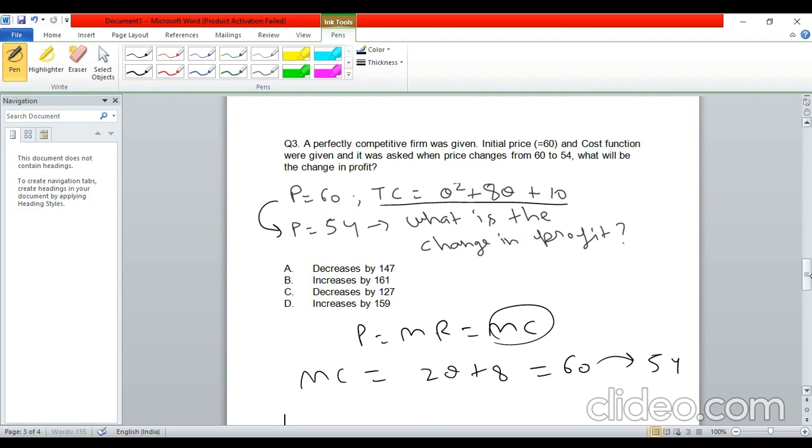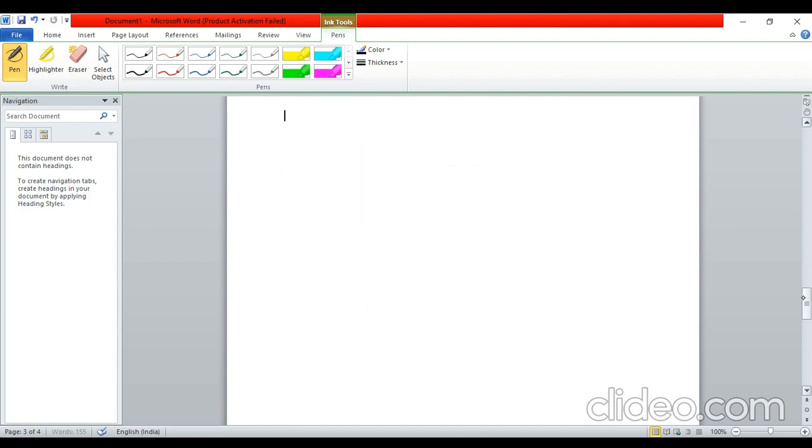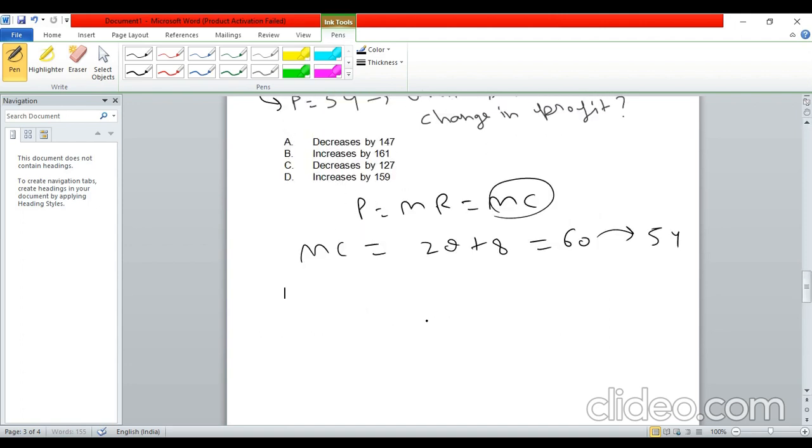So Q, as a result, you will get two different Qs. In the first case, I think you will get 26, and in the second case, you will get Q as 23. Then we had to find out the profit in the first case, the profit in the second case, and then see if the profit increases or decreases.